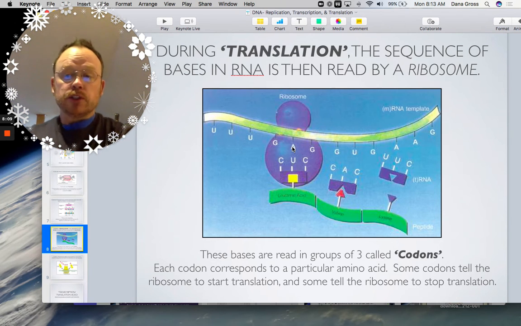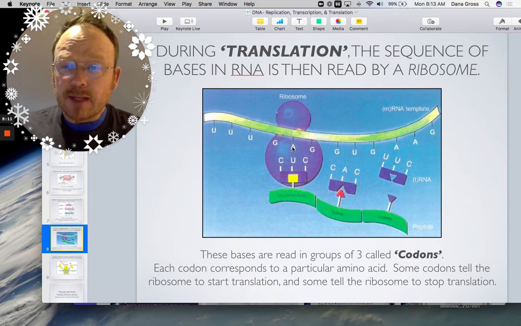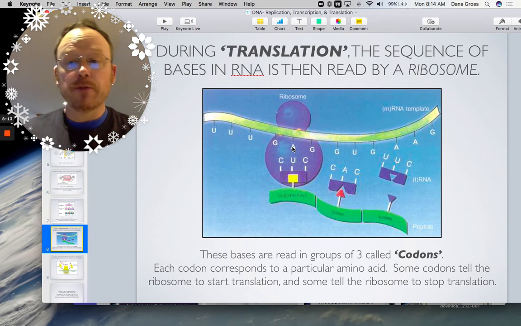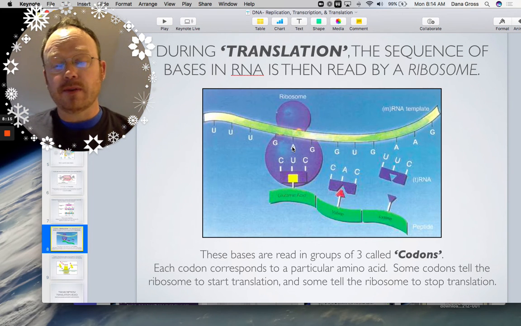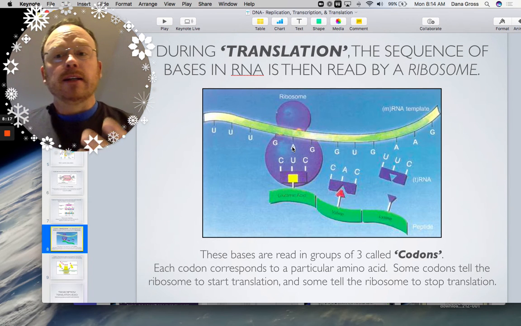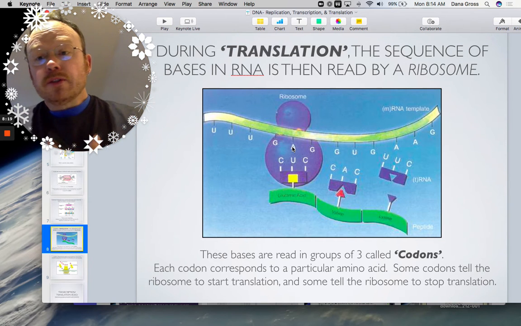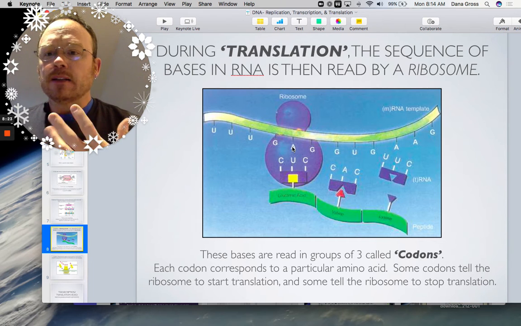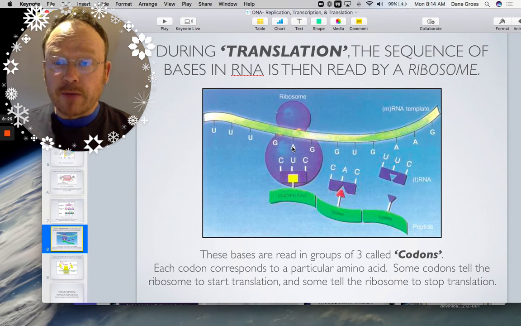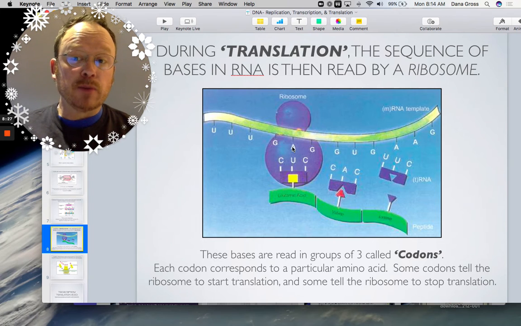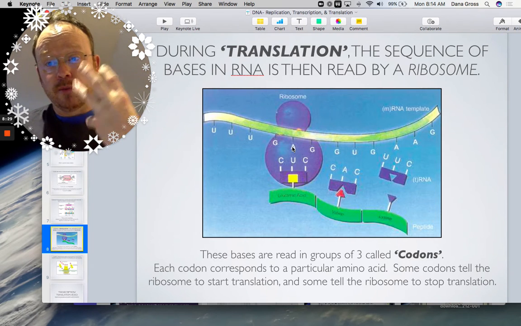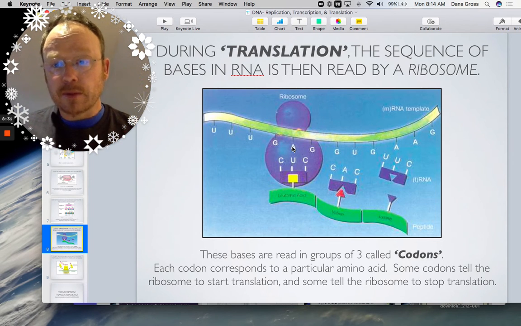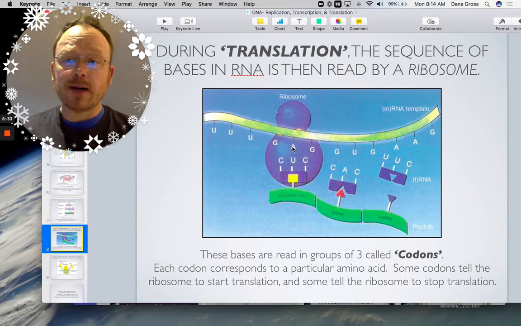There are 20 naturally existing amino acids, and to be healthy, humans need all 20 of them. We can make 11 of the 20 if we're given the proper ingredients, but 9 of the 20 we need to make sure we consume so that they're in our body, and those are called essential amino acids.